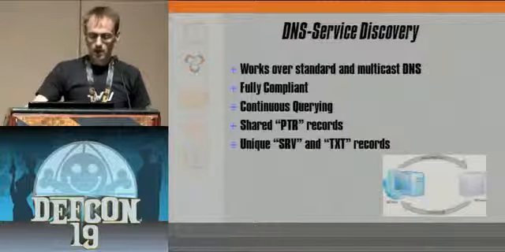Now, it's important to keep in mind when you're dealing with multicast DNS of shared records, because shared records in DNS service discovery are basically you have a situation in which, let's say you have a community of hosts participating in multicast DNS and also DNS service discovery, and of those, let's say you have 5 that offer FTP services. Those 5 will actually share the pointer record for the FTP service.